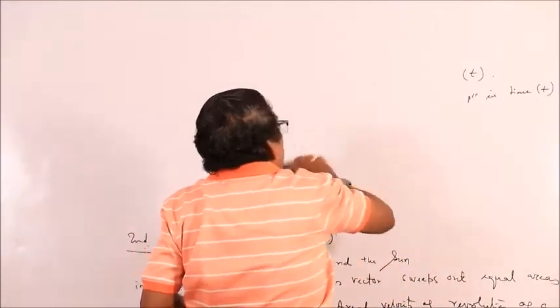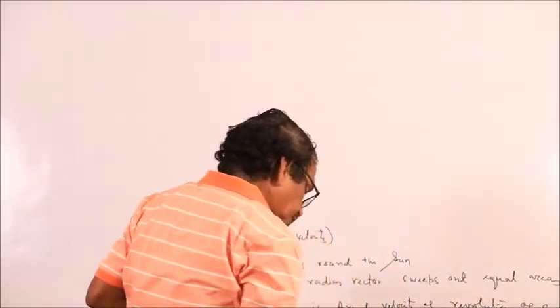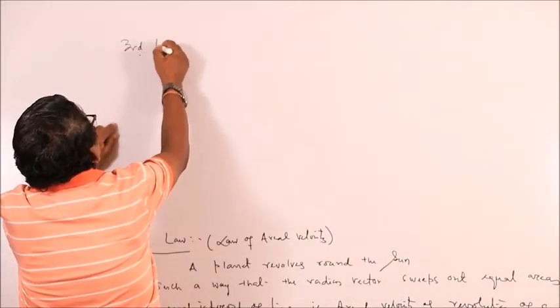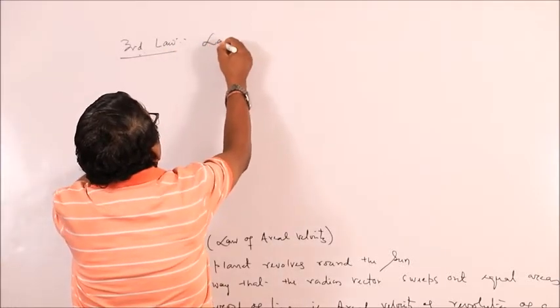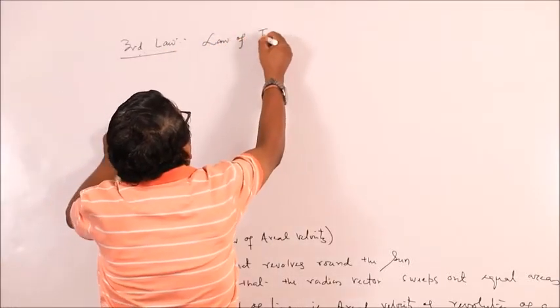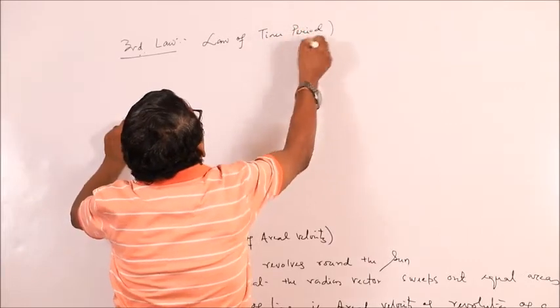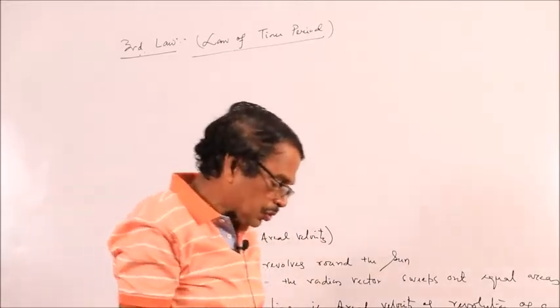Now, we will go to the third law. The third law is also known as the law of time period. What does it mean by time period? Time taken by a planet to move around the sun.